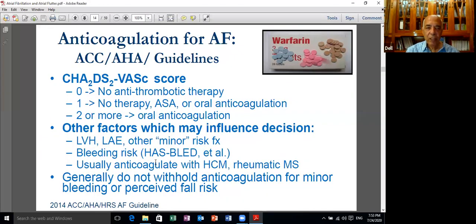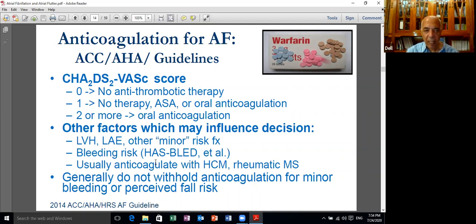So anticoagulation for atrial fibrillation, this is the previous guidelines of 2014, now changed: 0, nothing; 1, anticoagulation or nothing; no role for aspirin as is seen in this study and this slide; and 2 or more in males or 3 or more in females, oral anticoagulation. Now, what about 1, which is confusing?